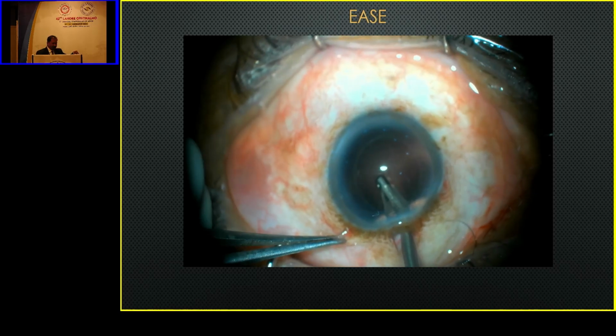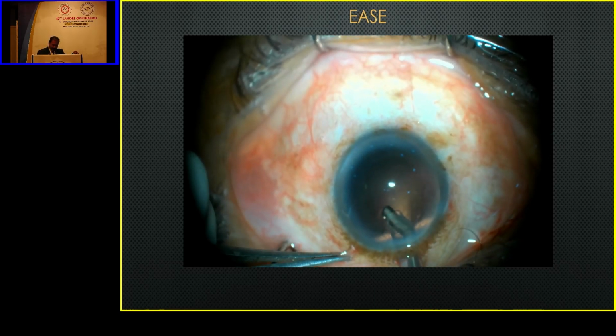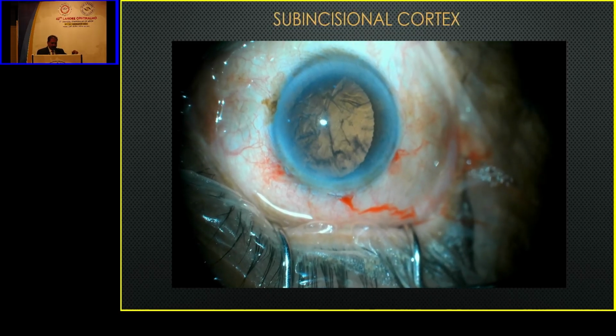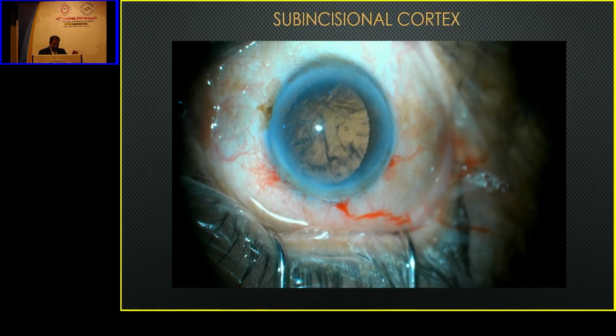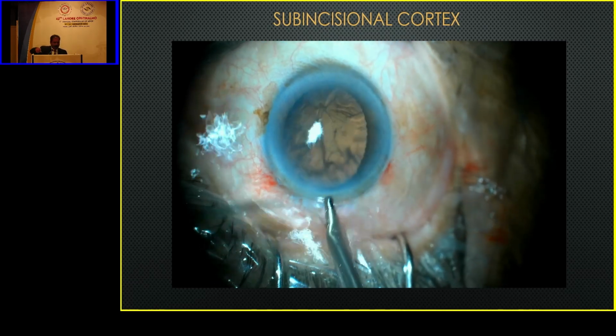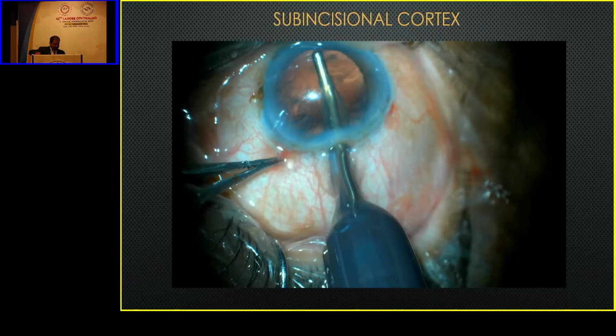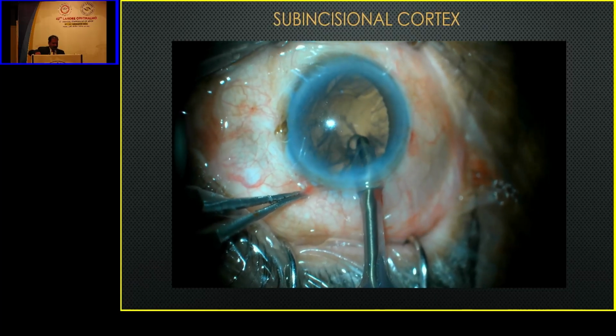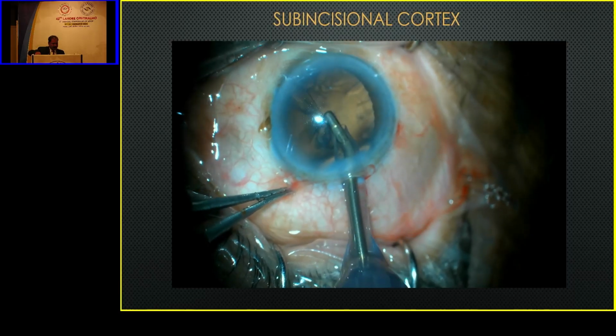See, this is the total time which is required. Now, the important thing is that while taking subincisional cortex, sometimes we have to enlarge the side port to enter the cannula from the side port. But here you can start directly from the subincisional area.